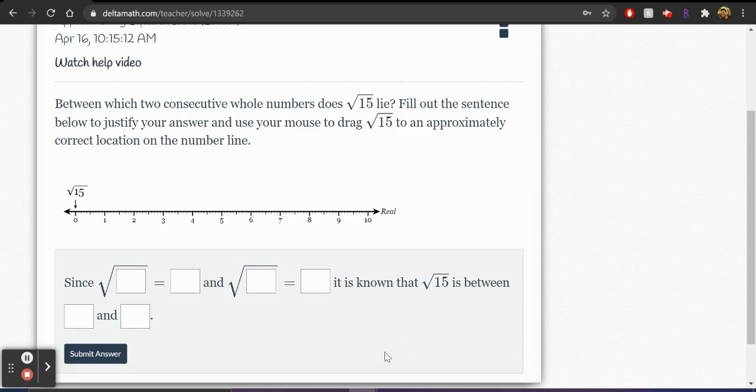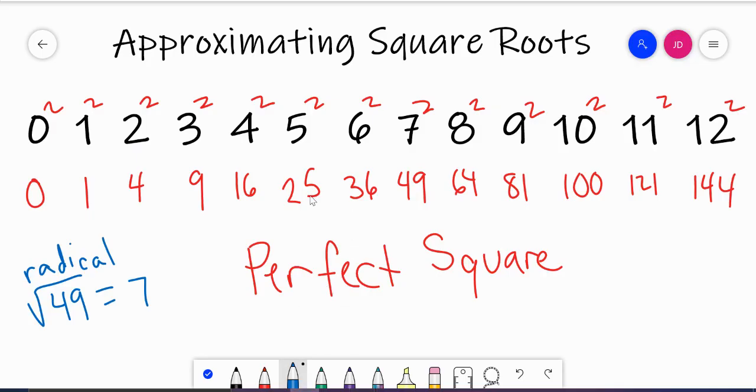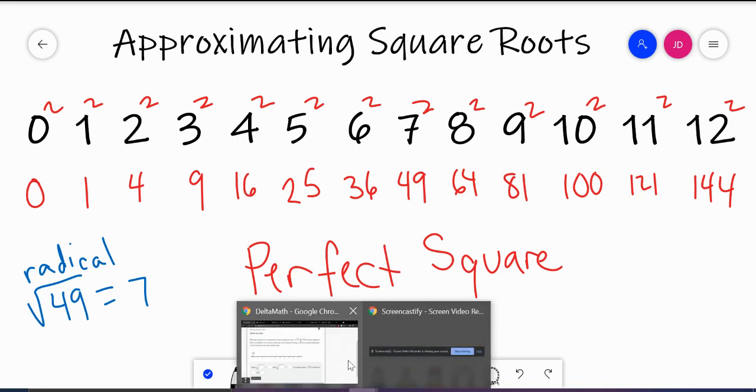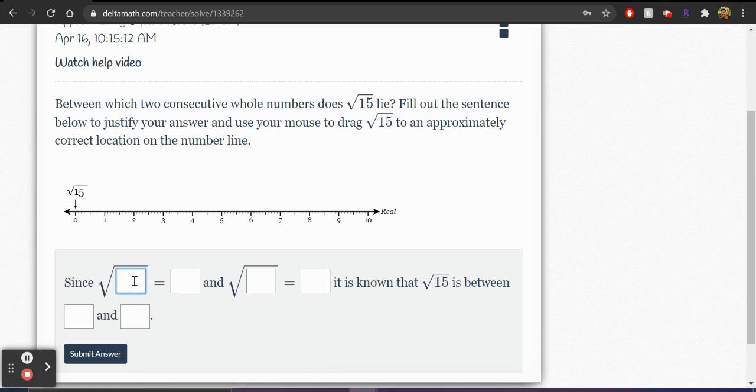So 15, looking back at here, 15 lies in between 9 and 16, a lot closer to 16 than it is 9. So if I look up and I just go up, that means the square root of 15 is going to be between 3 and 4, a lot closer to 4. All right, so let's take a look back here.